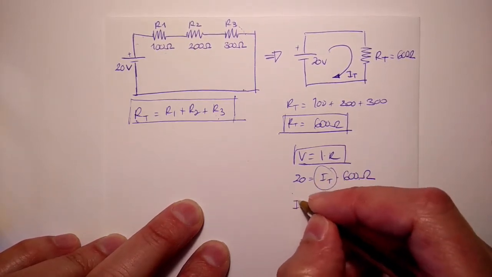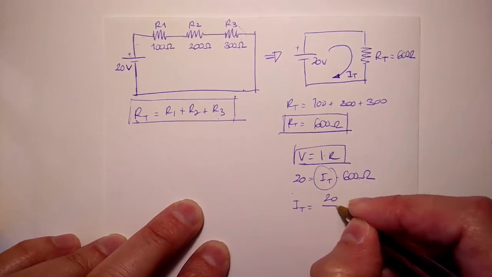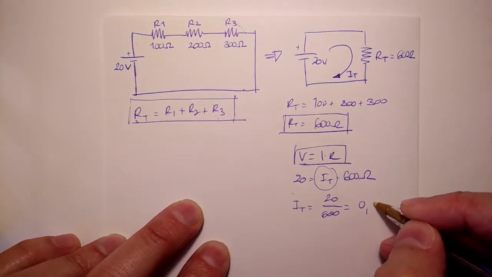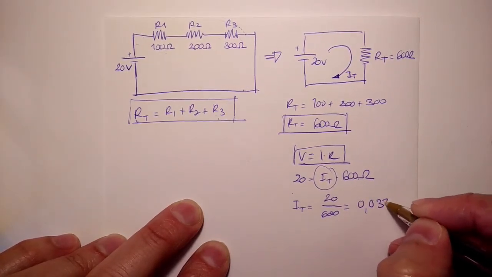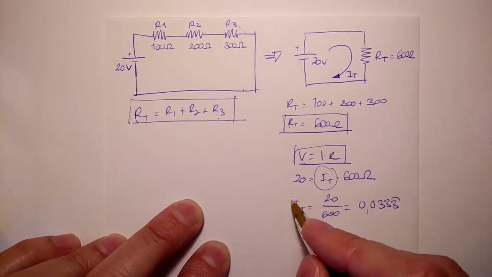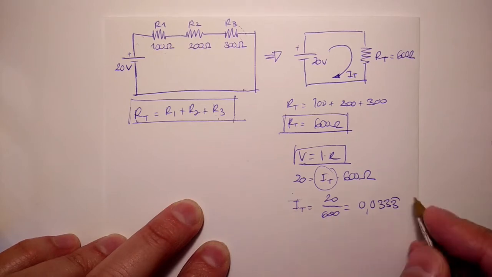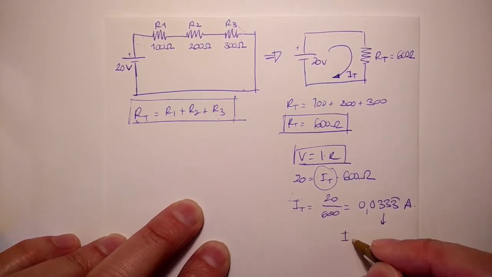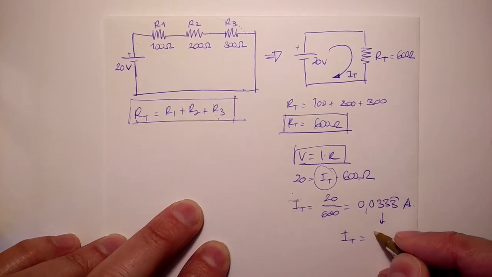Total current I is 20 volts divided by 600 ohms. The total I is 0.0333. The unit of this current will be amperes. We can also say the total I is 33.3 milliamperes. We can leave it in amperes, or we can convert it to milliamperes.